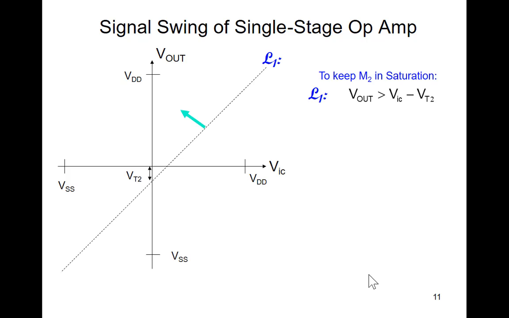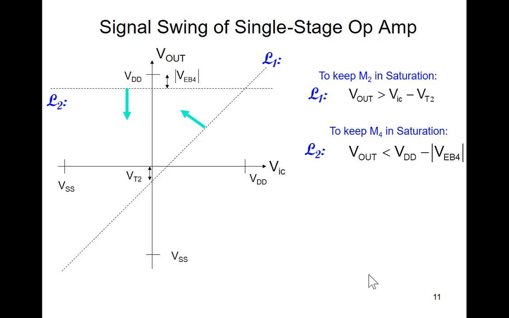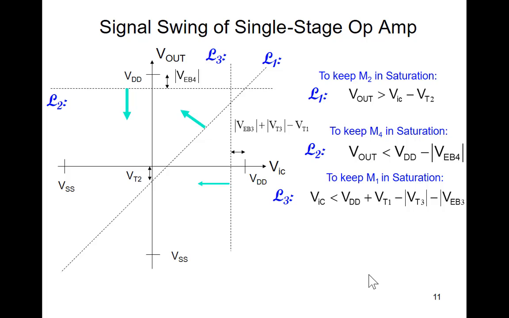Line 1 has a slope of 1, and V out is above it. That means it's to the left of that line. Line 2 is a horizontal line, and it has to be below it. Line 3 is a vertical line, and the inequality says it has to be to the left of it.